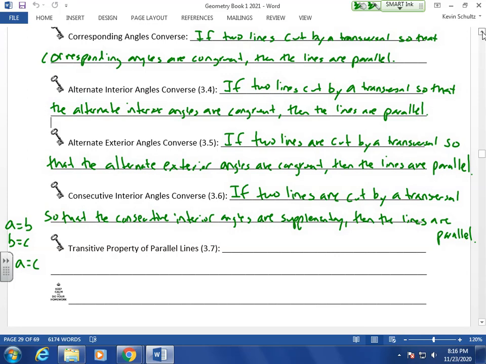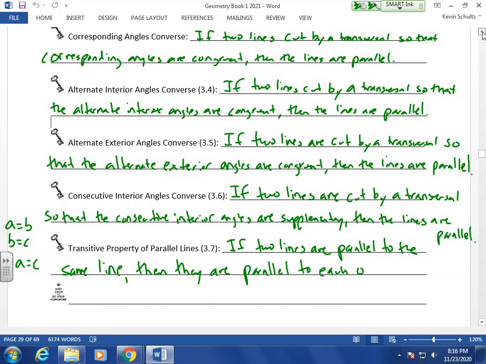The transitive property of parallel lines says that if two lines are parallel to the same line, then they are parallel to each other.